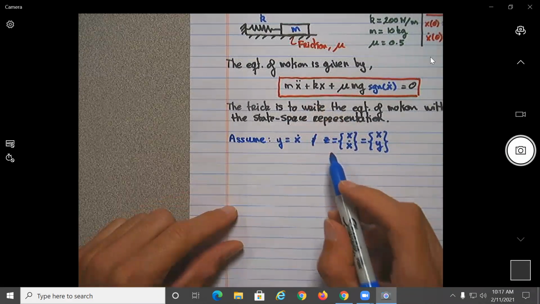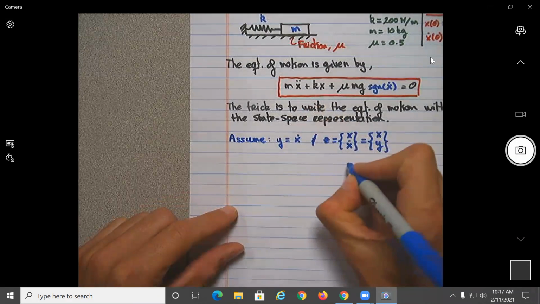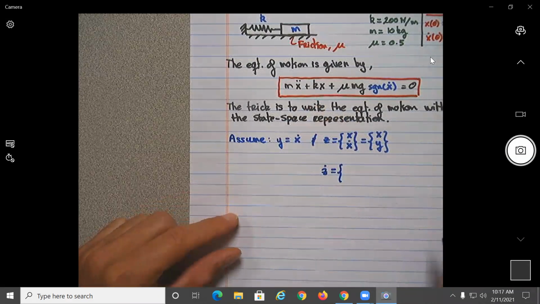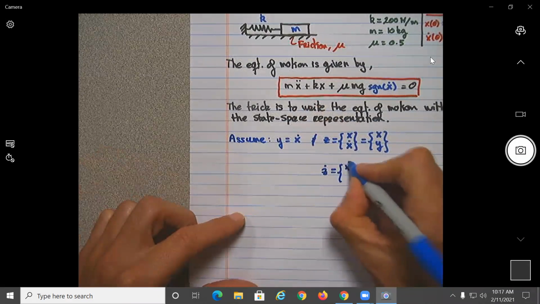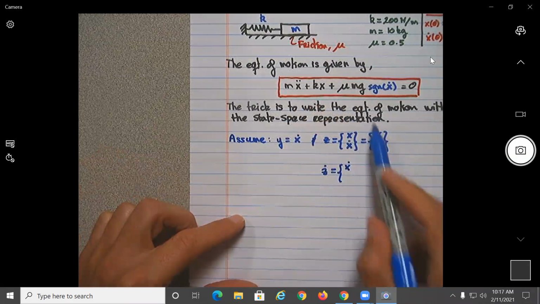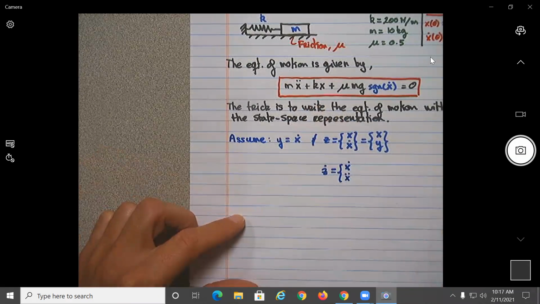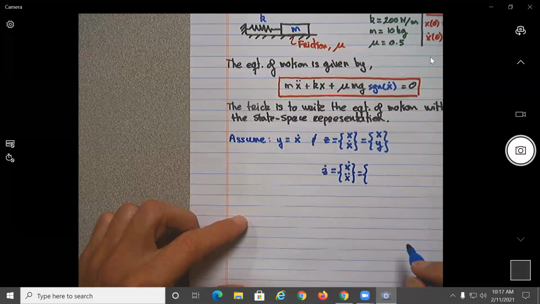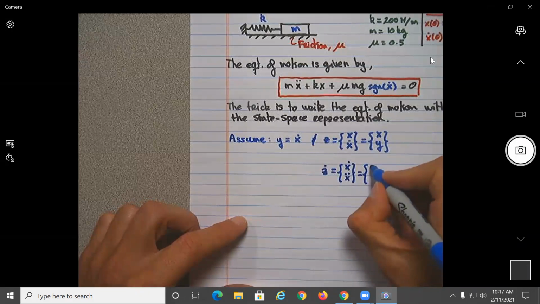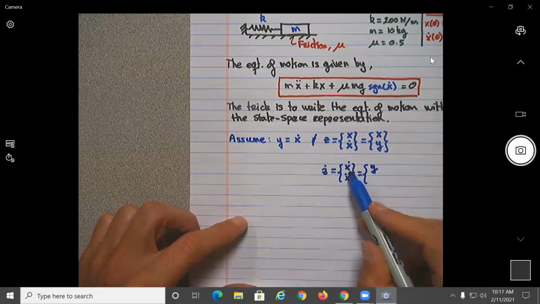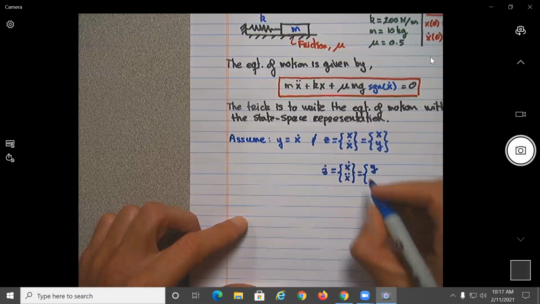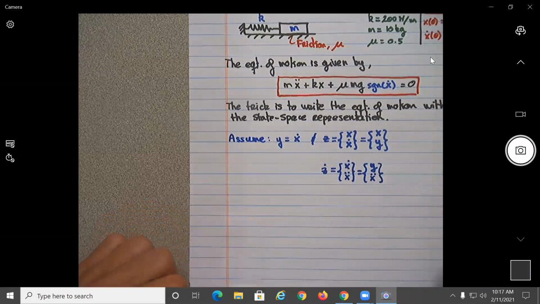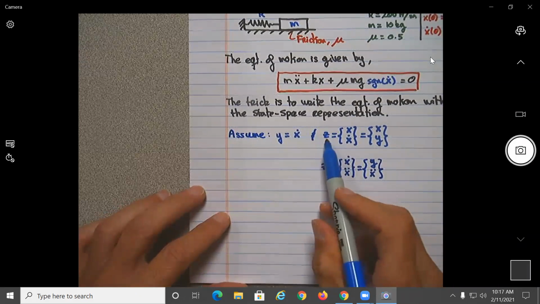Okay, so if we have this, then z dot should be equal to what? x dot, or x double dot. Now, this could be equal to y, because x dot is y, and x double dot. All right, so here you need to pay attention to the z. That's the whole thing.